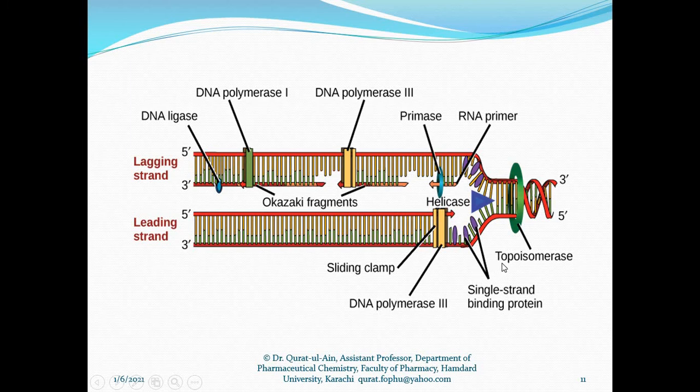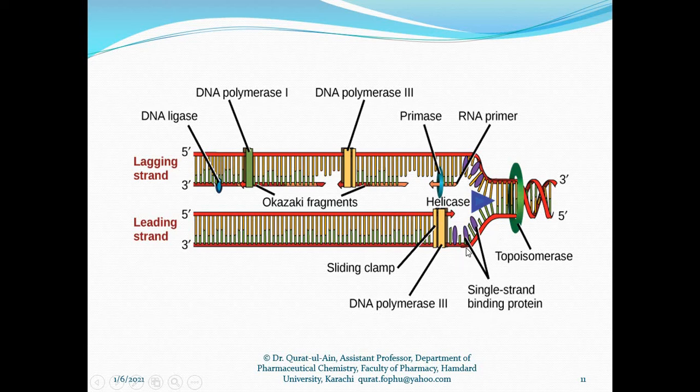And then what would this topoisomerase be doing here? Actually, when this helicase enzyme separates the two DNA strands, the DNA would suffer from tension or supercoiling. So this topoisomerase enzyme would release this supercoiling. And there is also single stranded binding protein.